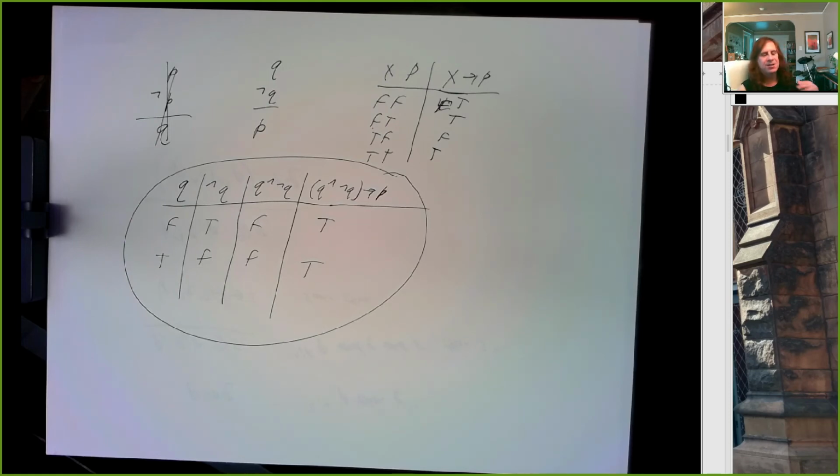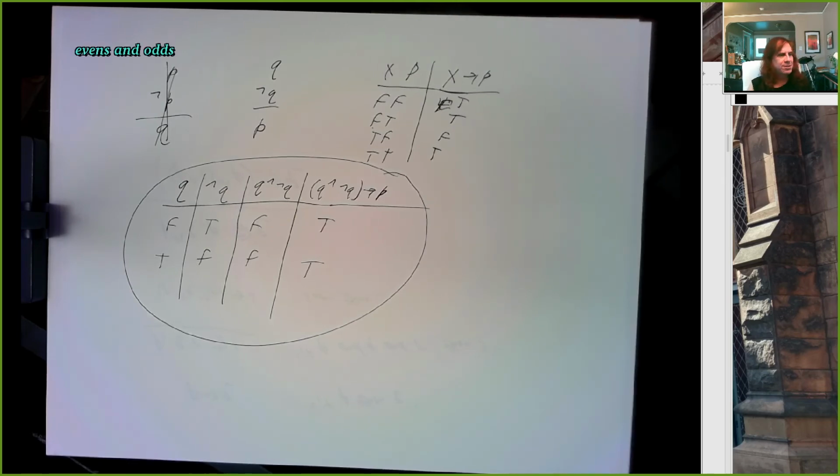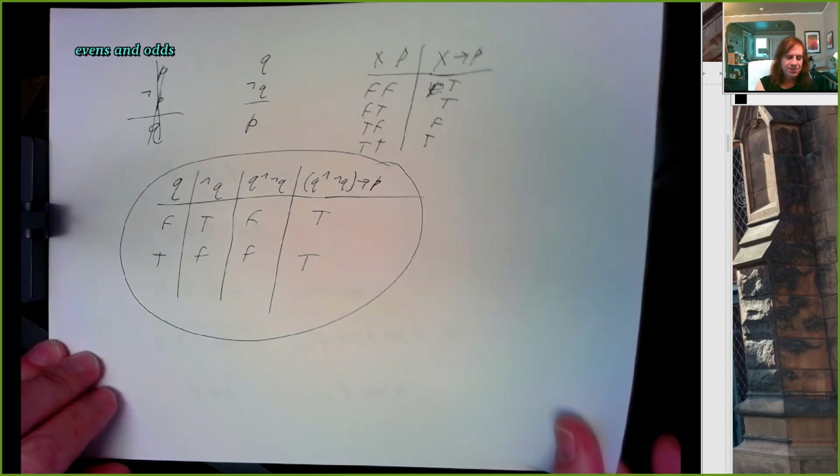These are classic sources for questions on exams and homeworks. So they're representative of proofs in general, but these particular kinds of questions come up fairly often on tests. And they give us a nice entryway into number theory for our next topic.